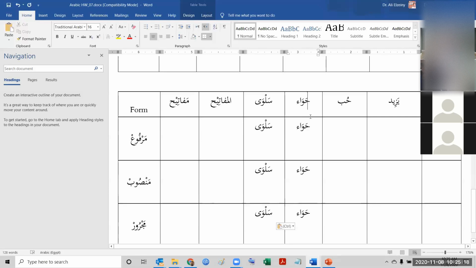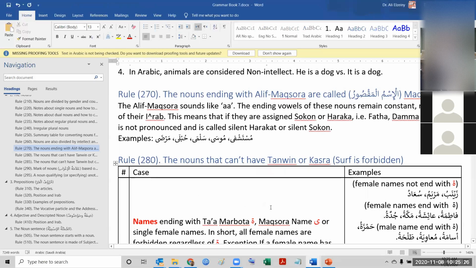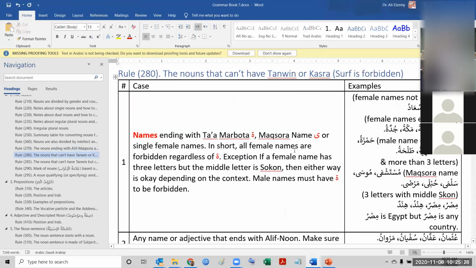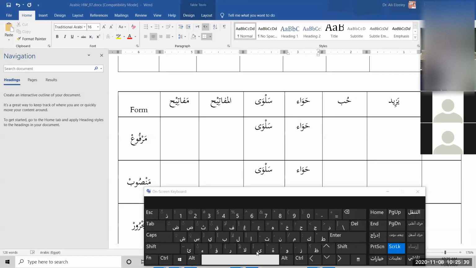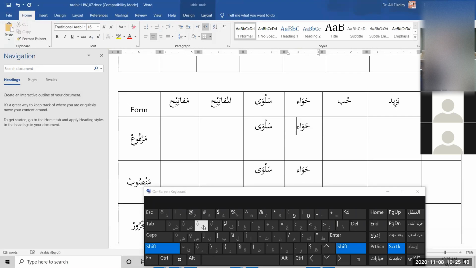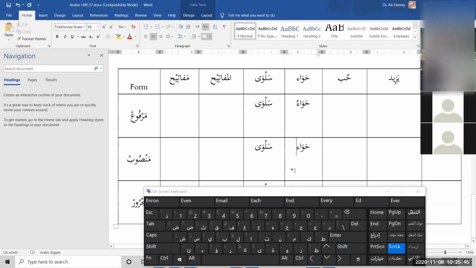Hawa is a female name, then sarf is forbidden. The female name, sarf is not allowed. Because sarf is not allowed, here we say Hawa'u, Hawa'a, Hawa'a.